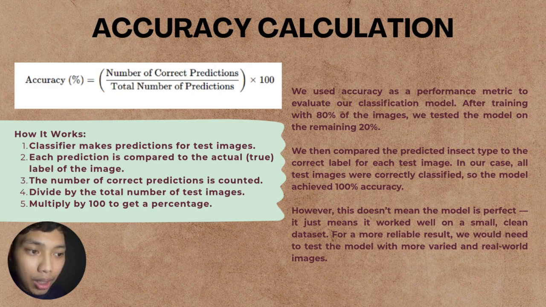In our case, all test images were correctly classified, so the model achieved 100% accuracy. However, this doesn't mean the model is perfect. It just means it worked well on the small dataset. For more reliable results, we will need to test the model with more varied and real-world data.